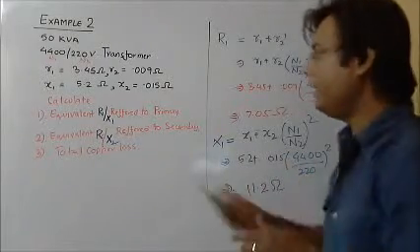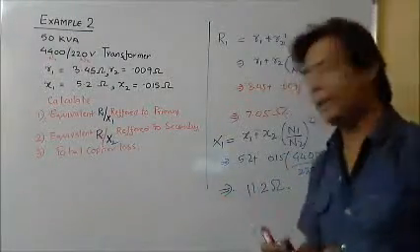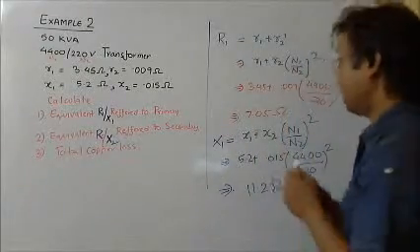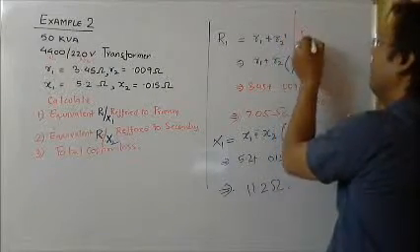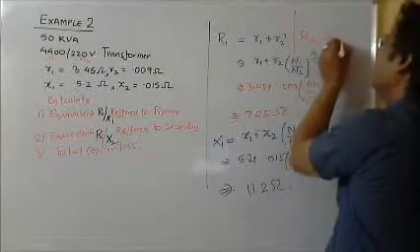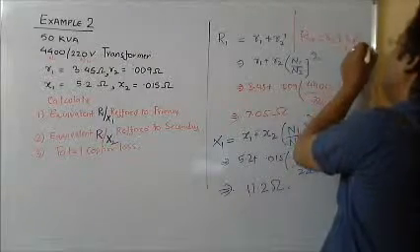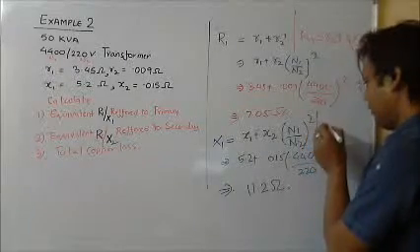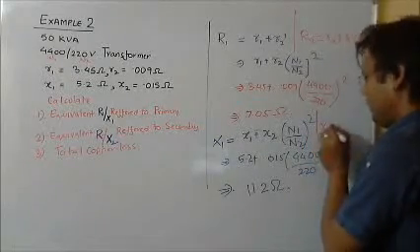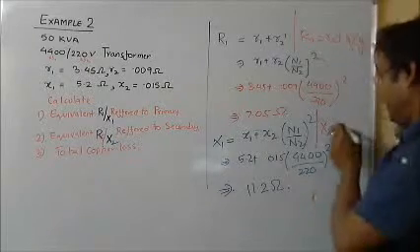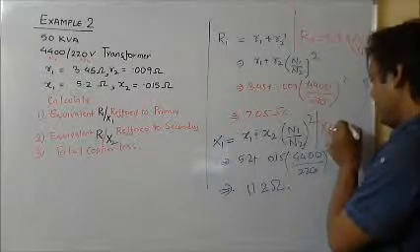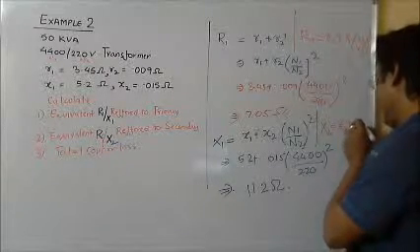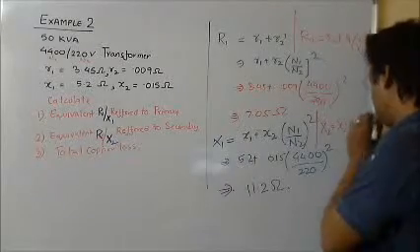In the same way, I can find R2 and X2 also. The formula is the same. The only difference is that the formula for R2 would be R2 plus R1 multiplied by (N2 by N1) whole square, and for X2 the formula would be X2 equals X2 plus X1 multiplied by (N2 by N1) whole square.